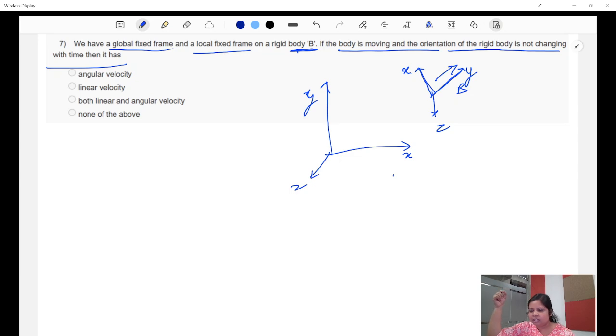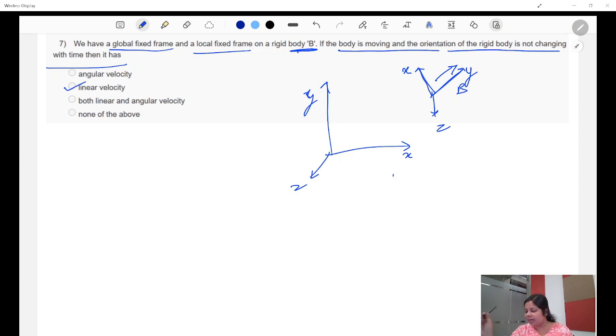It is just a linear motion in the negative z direction, along the lines of gravity. You can see that it does not have any angular velocity, but it just has a linear velocity. So being in the global frame, if a body is moving linearly, you will always see the linear velocity. The answer is as simple as that.